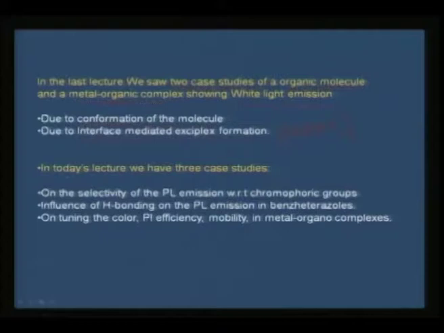In today's lecture, I am going to present to you three case studies, again showing the potential of what is buried inside an organic molecule, which can show fundamental properties.